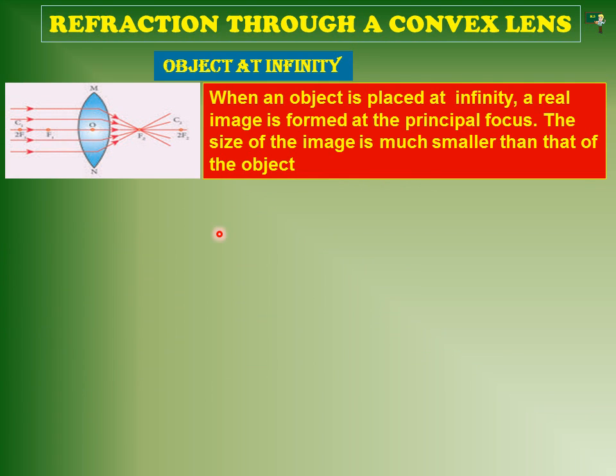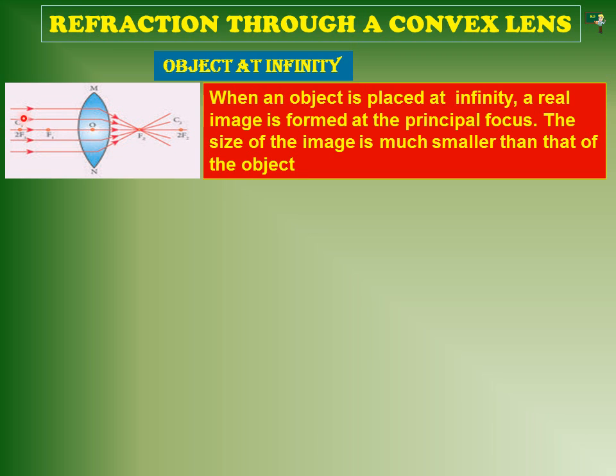When an object is placed at infinity, a real image is formed at the principal focus. This is the principal focus. The size of the image is much smaller than that of the object. The size of the image is small.